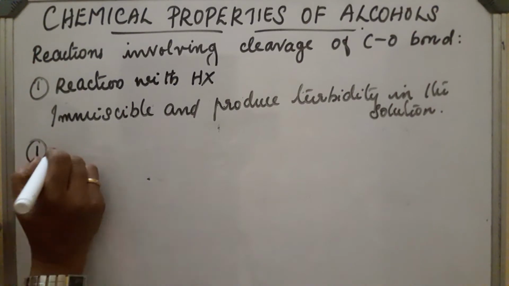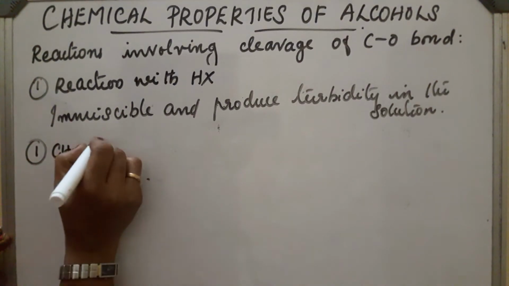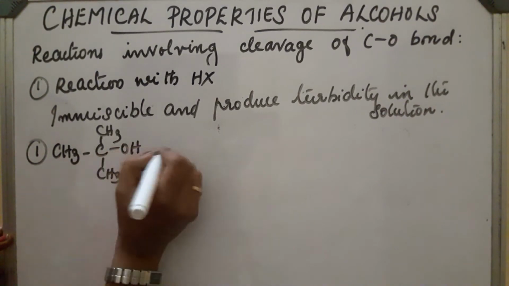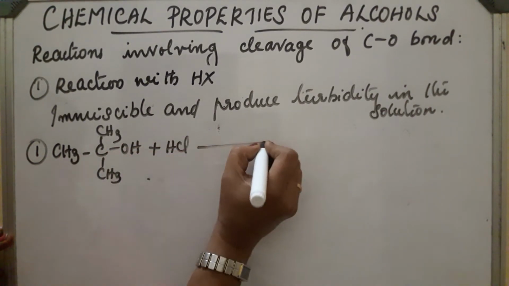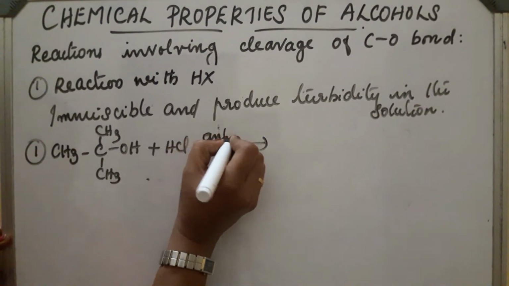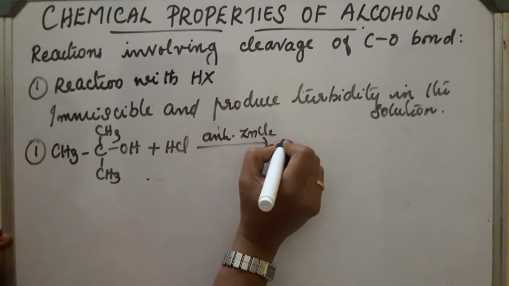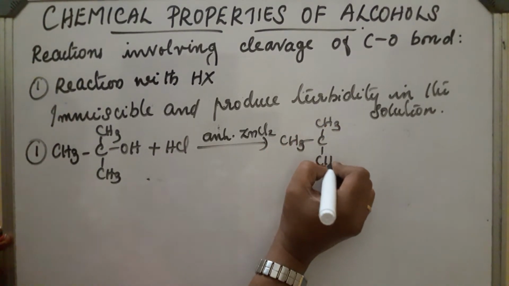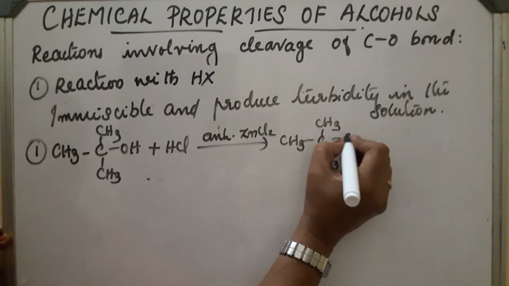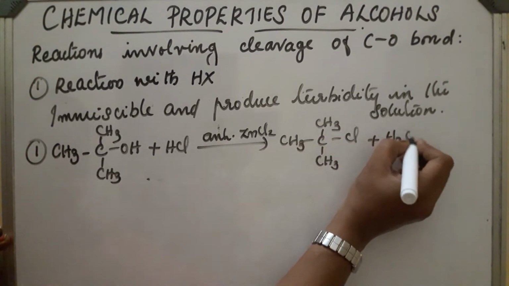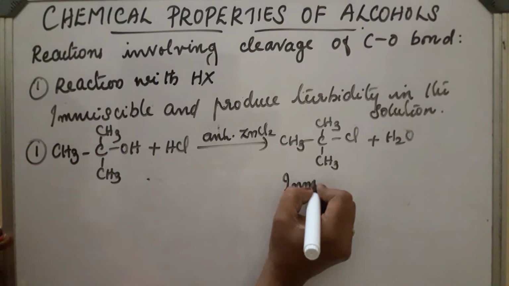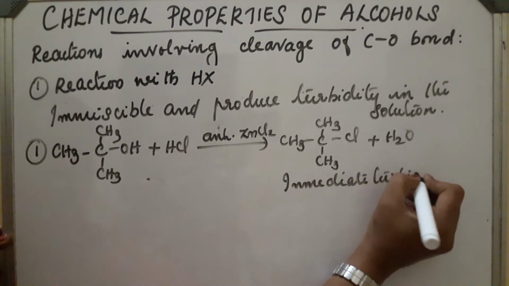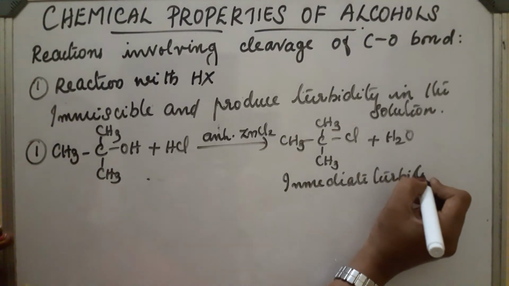The reaction is as follows: a tertiary alcohol with CH3 groups, on reaction with Lucas reagent, gives a tertiary alkyl halide plus H2O. This immediately forms turbidity.